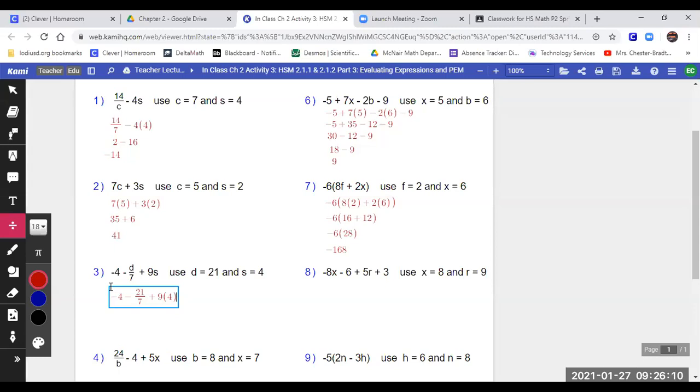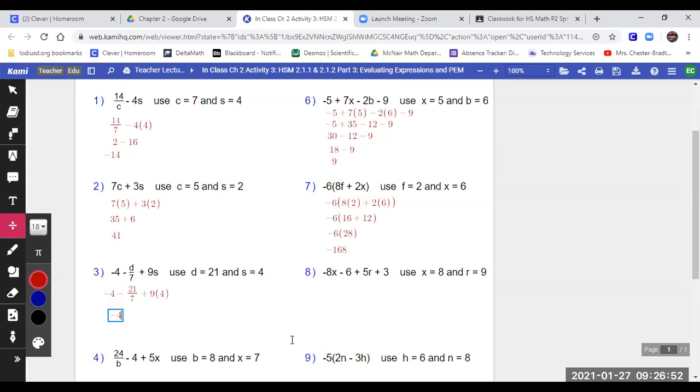All right, so now we start evaluating. What are we going to evaluate first? What piece do we have to handle first, according to where it comes in the problem and our order of operations? Is the -4 changing? No, so we write the -4.